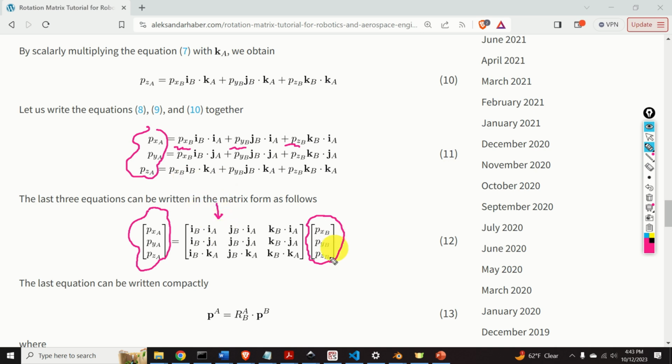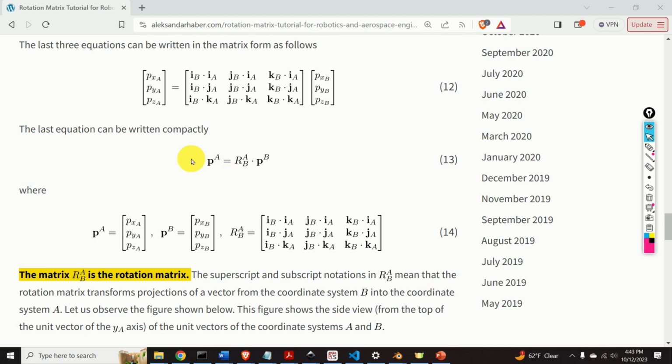Now, previously we introduced the notation, and we denoted this vector as P expressed in B. And this vector is P expressed in A. And from the equation 12, we obtain the equation 13, where the quantities, matrices, and vectors are defined over here.